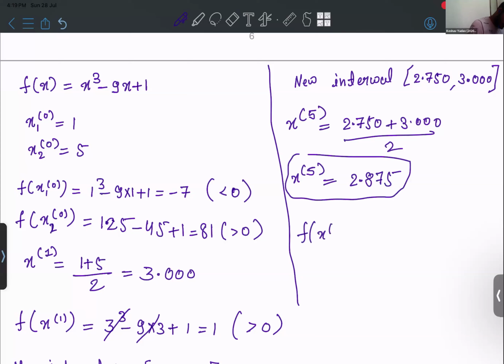And f at this will be equal to 2.875 plus 1. Okay. So this will be equal to minus 1.11. So the new interval.